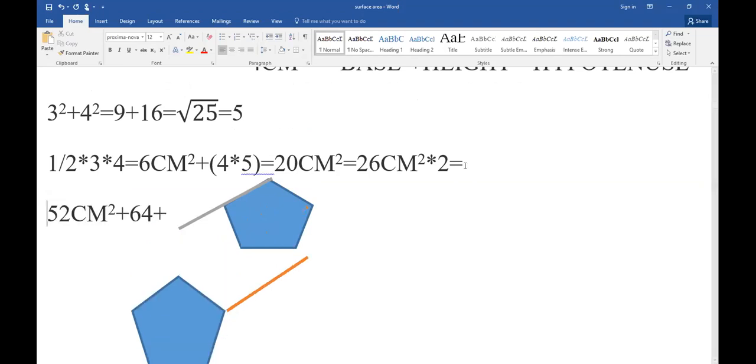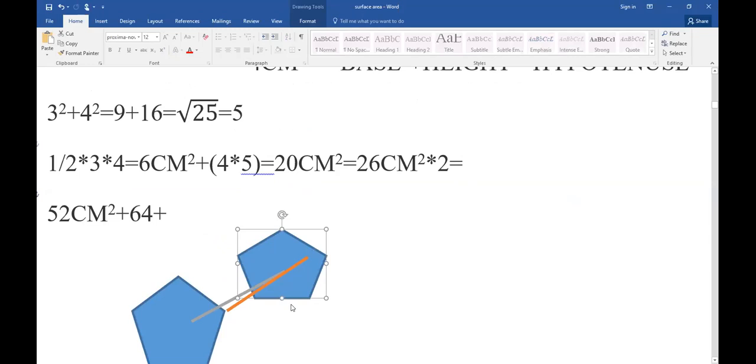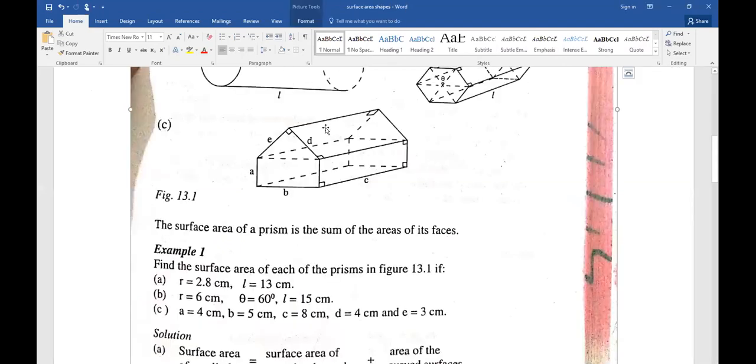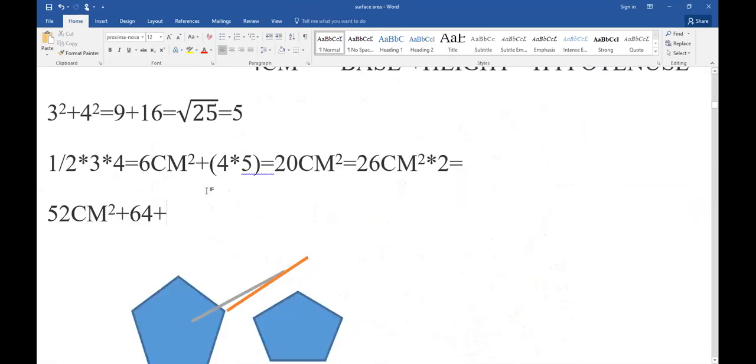We put them here, and then I come back here. Yes, so I have the base, B times C. B times C is what? 5 times 4, which is 20. 5 times 4 is going to be 20 centimeters.